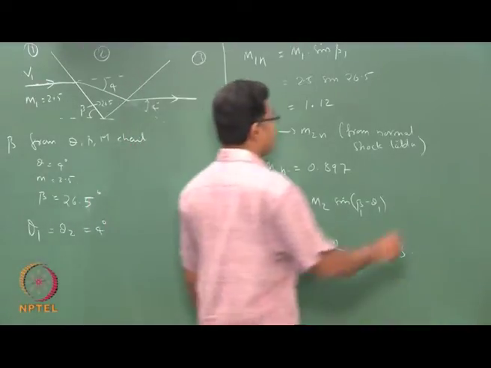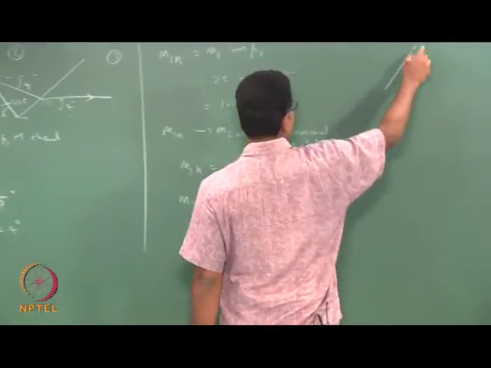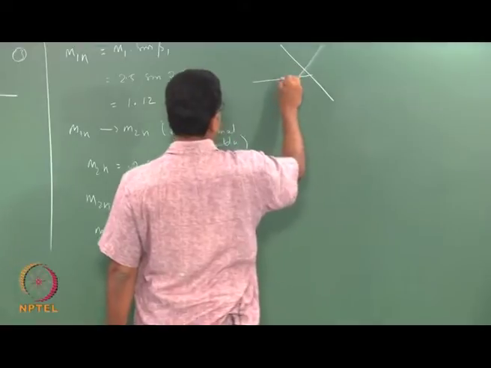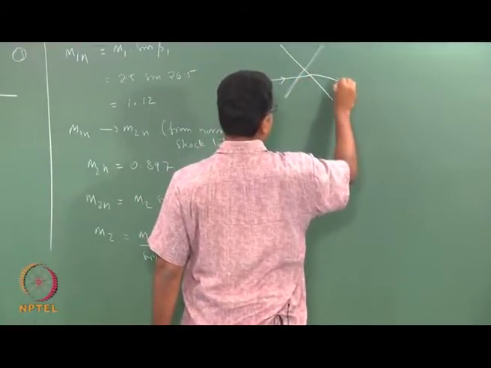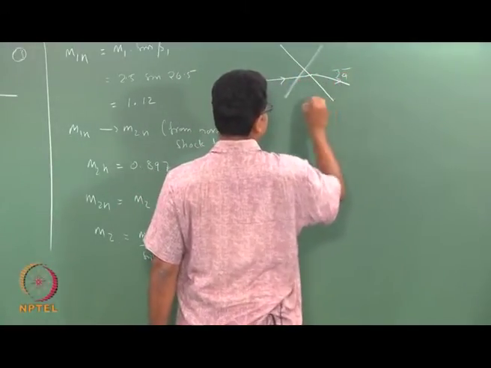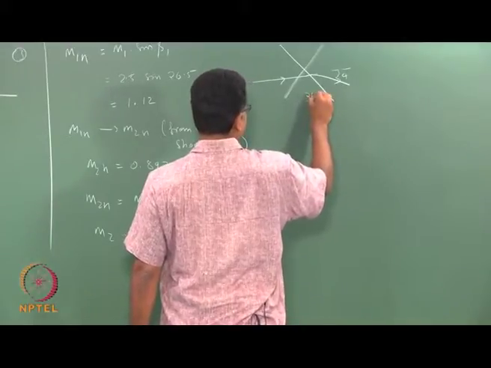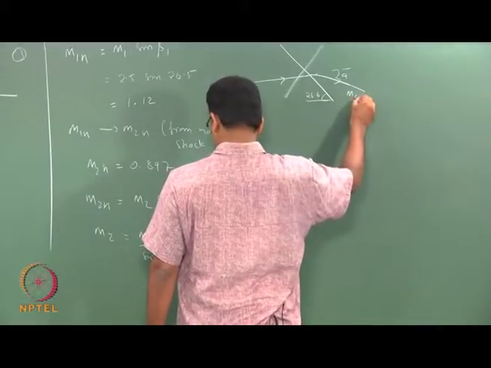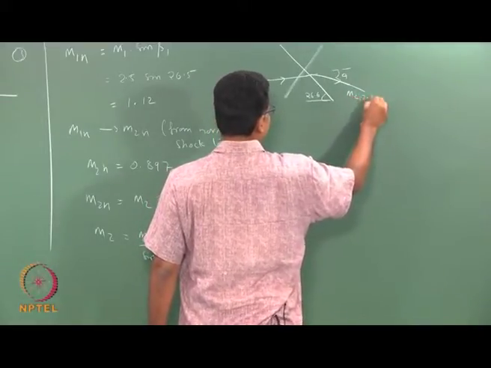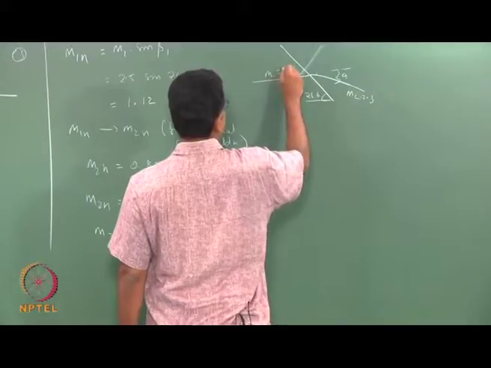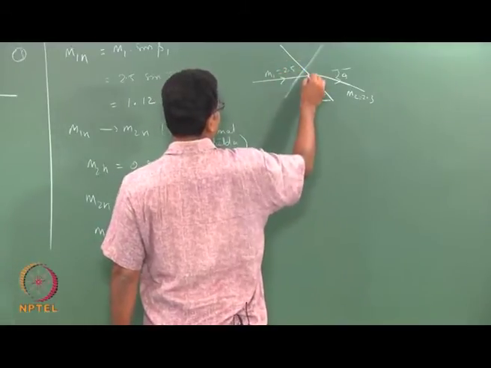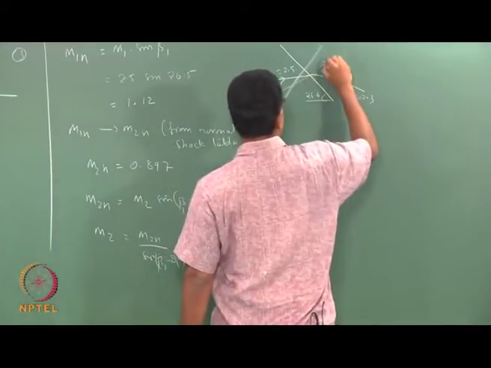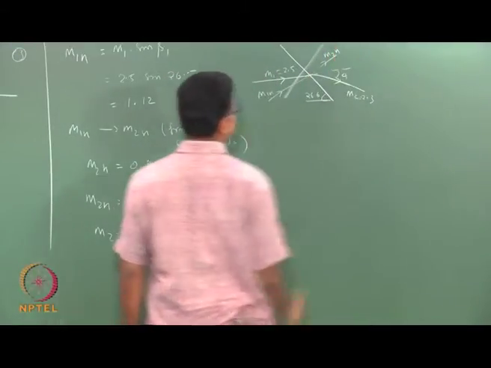So what did I get now? I have a shock, then it turns, this angle is 4 degrees, this angle is 26.6 degrees, M2 is 2.3, M1 is 2.5, and M1n, and I got M2n.